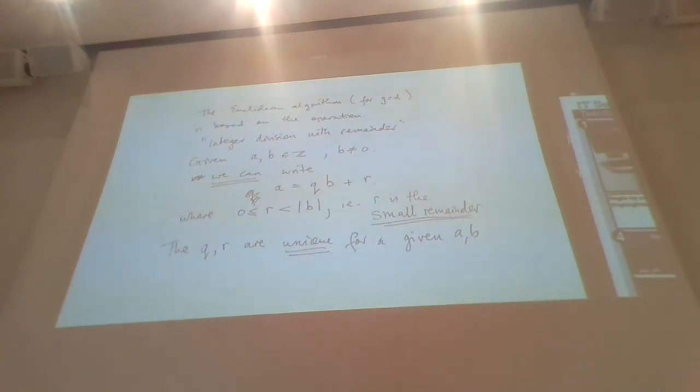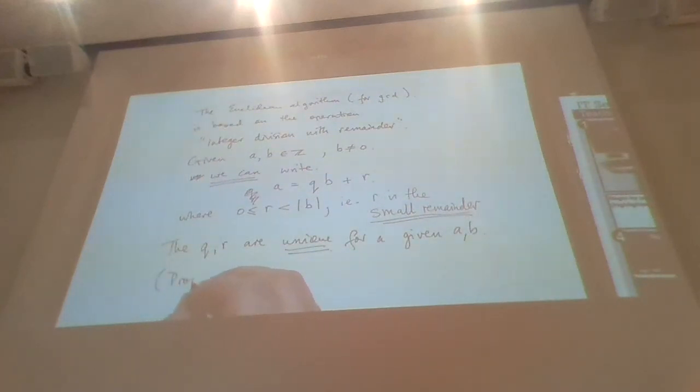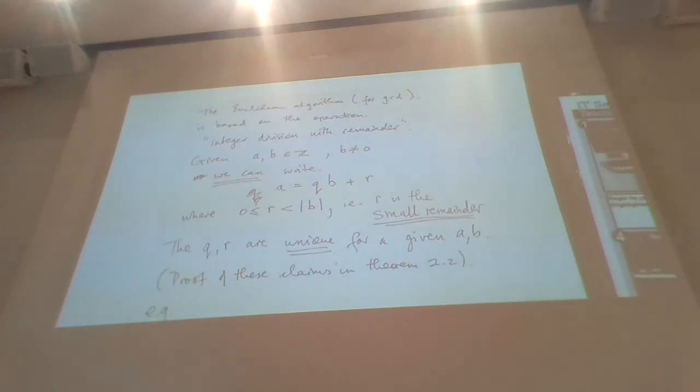So these two things are addressed. The proof of these claims is in theorem 2.2, but I won't talk through the technicalities of the proof here. Rather, I'd like to explore the following result, because it's much more interesting and related to greatest common divisors. First, we'll just do a couple of quick examples.